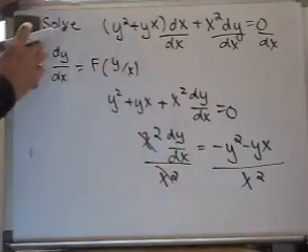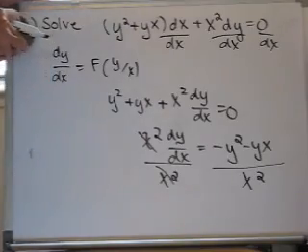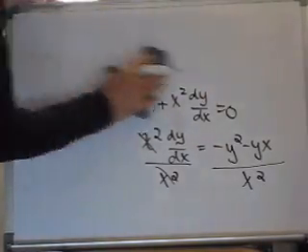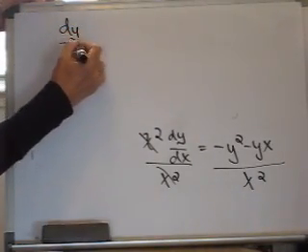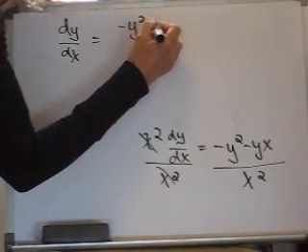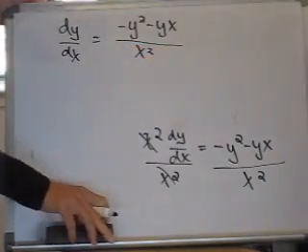So let me go ahead and change that right-hand side to be a function that involves the expression y over x. So I'm just going to work with this: dy/dx is equal to negative y squared minus yx over x squared.